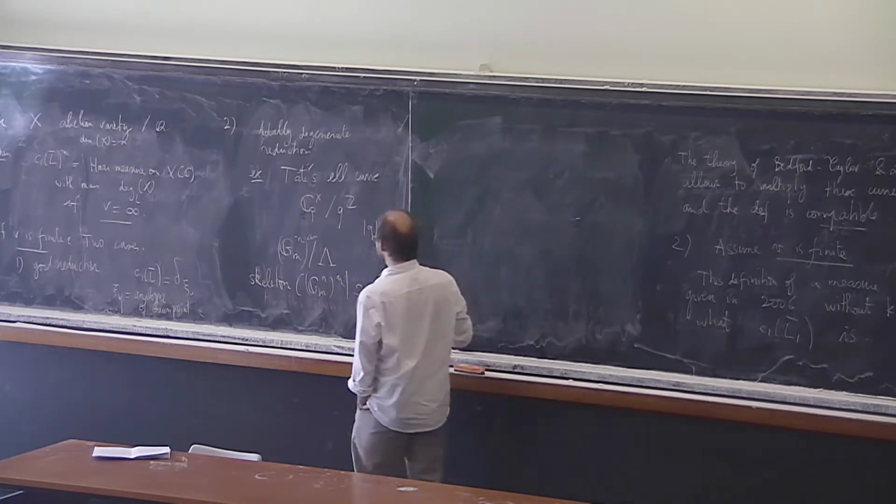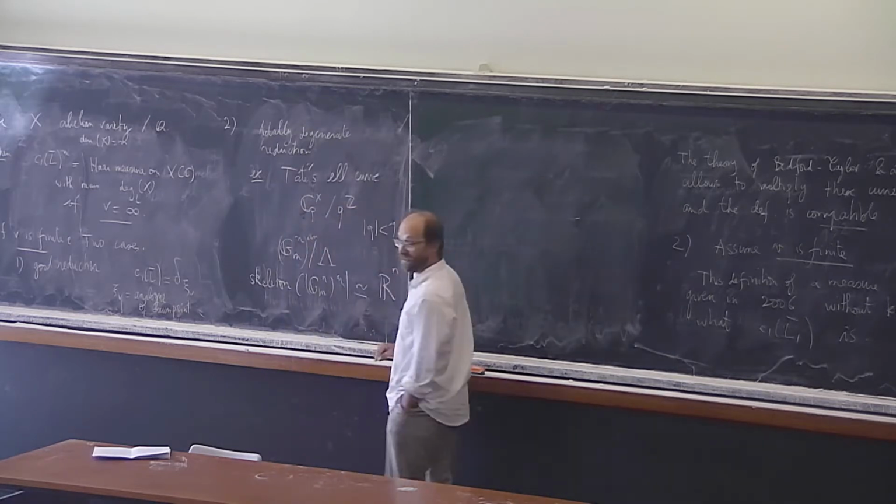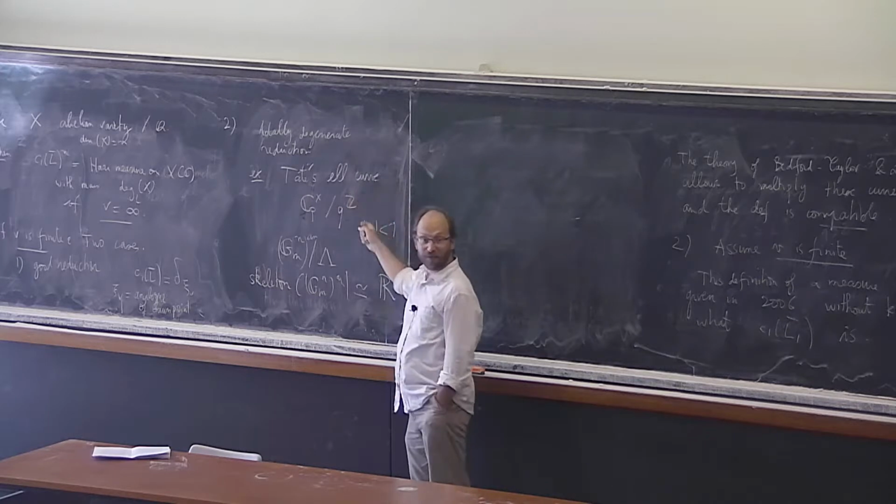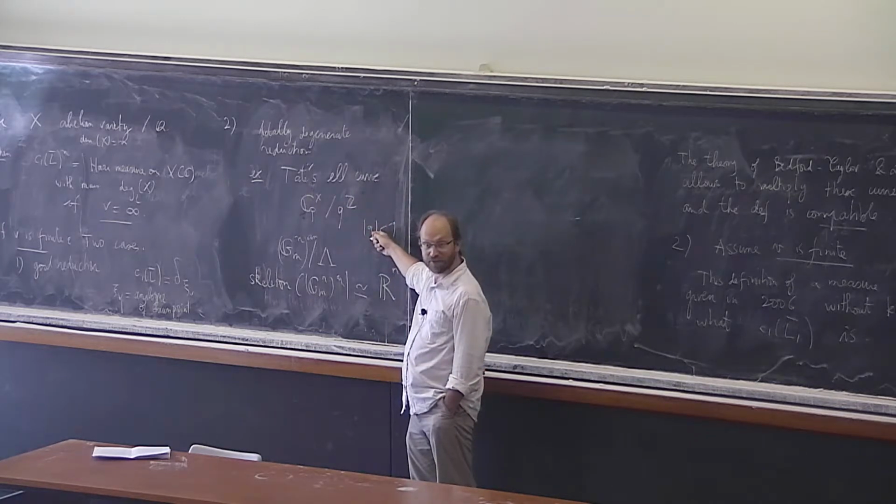So in the case of G_m^1, you have a real line, and you mod out this real line by some analog of q^Z, where q is of absolute value smaller than 1.